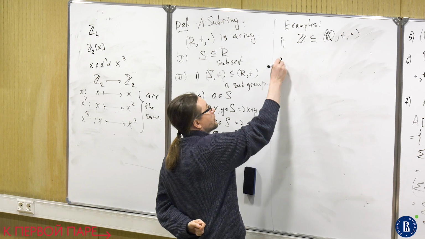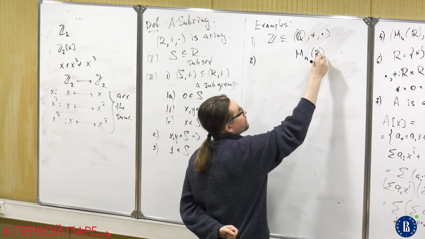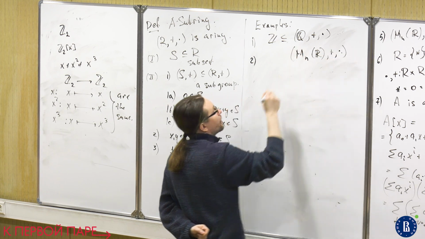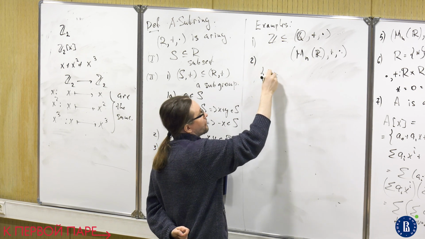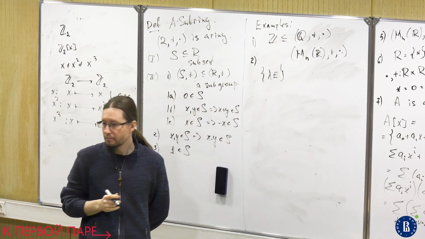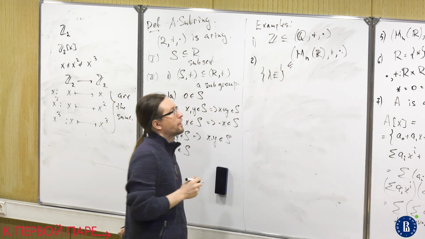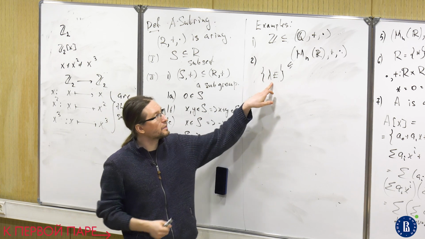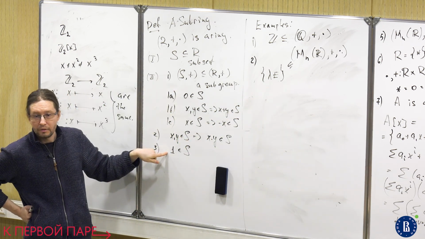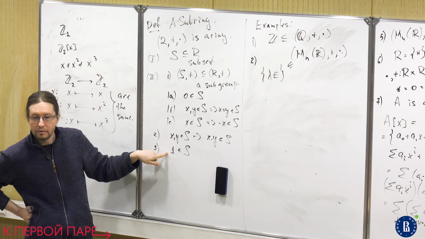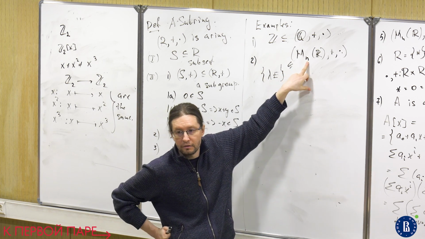Another example is when we take the ring of matrices, then we may consider the subset of all scalar matrices. The subset of scalar matrices contains 0, it contains... What are scalar matrices? They are n by n matrices, and what is scalar?